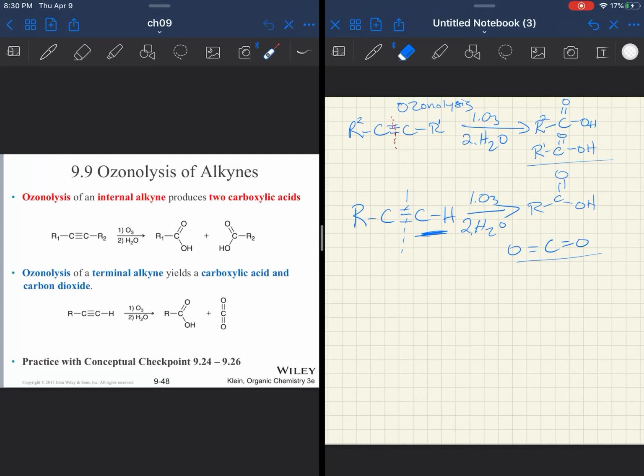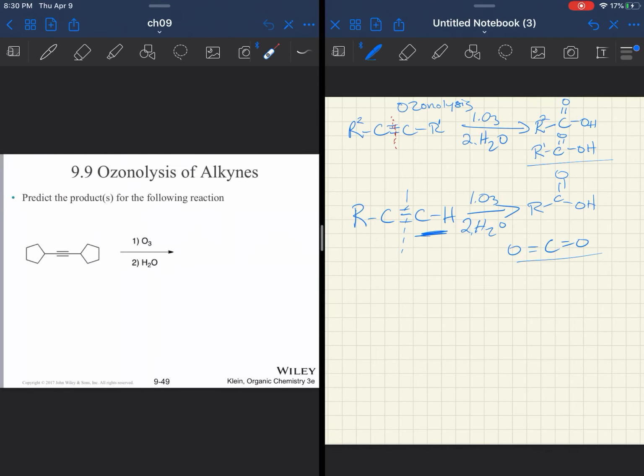So with alkenes, you could make an aldehyde or a ketone. With alkynes, you make carboxylic acids and potentially carbon dioxide. You do not need to know the mechanism of this one either, but you do have a lot of reactions that you need to be able to predict products for and have the reagents memorized. There should be some practice up on eCampus for you, including a new spider diagram.